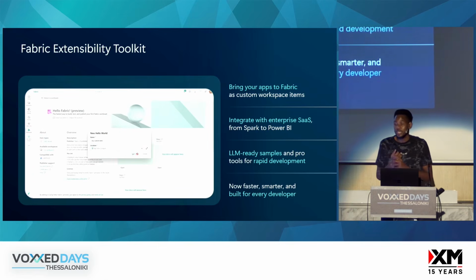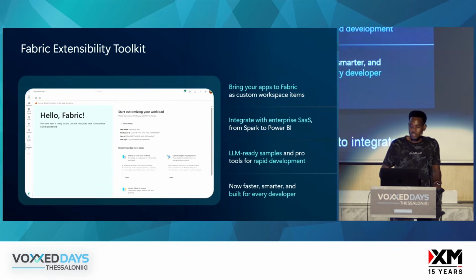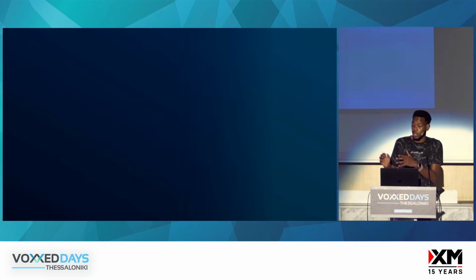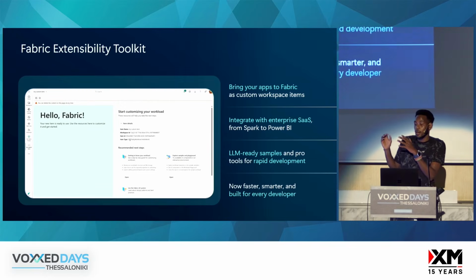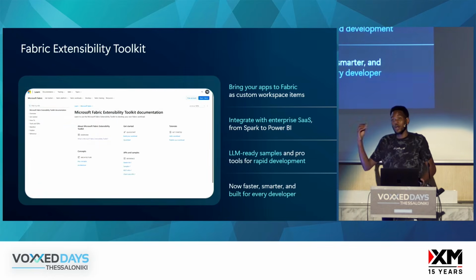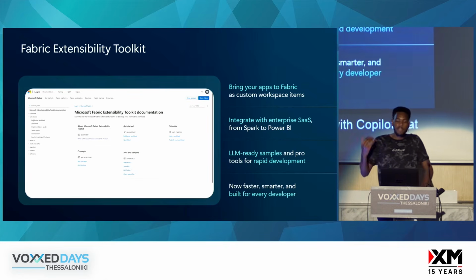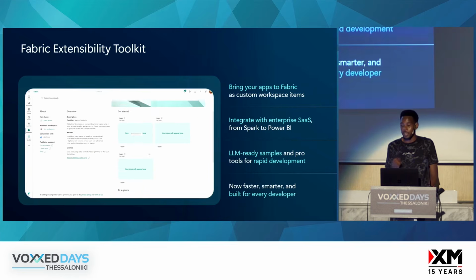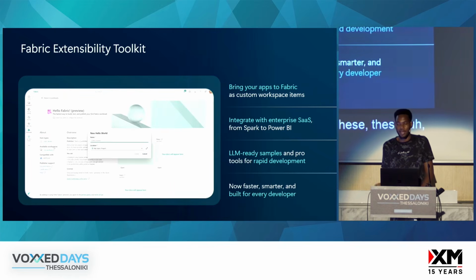You have the ability to integrate with Copilot, and to make your work easier, we have integration with Copilot that gives you a head start when you're trying to build these applications, and you're able to use some of the UI elements.